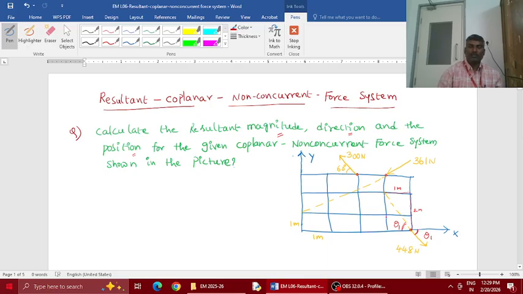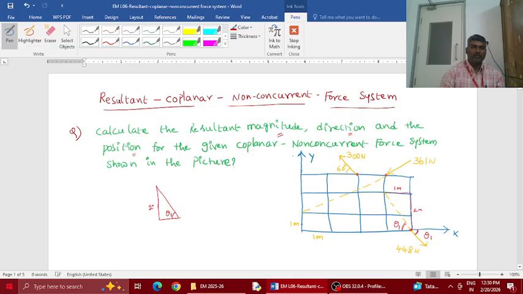Now I am considering this triangle. This is 2 meters and this is 1 meter. I'll write it here aside. This is just 1 meter, and this is the height. Similarly, this is the line of action of the force 448 Newton, and this is the angle we want.